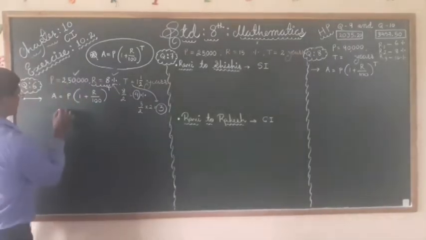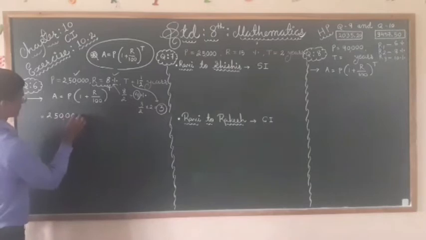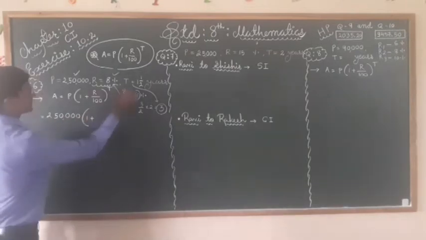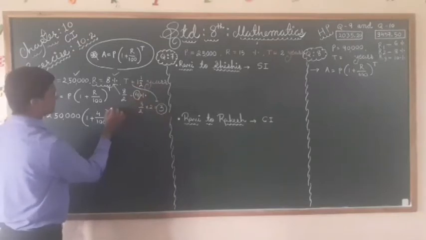Clear? Now we will keep these values. By keeping these values, principal is 2,50,000 into 1 plus R, R is our 4, divided by 100, and our T now is 3.